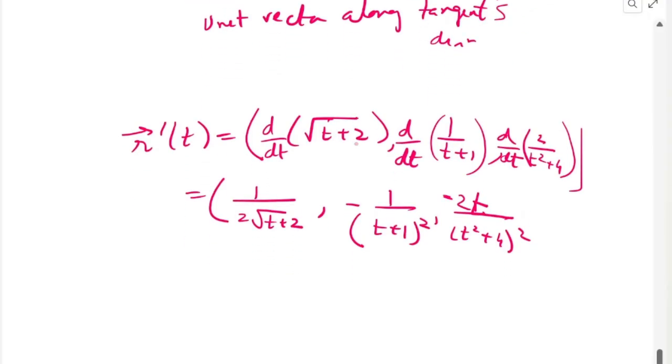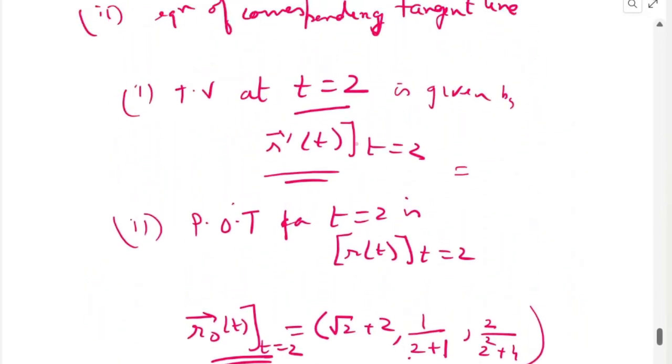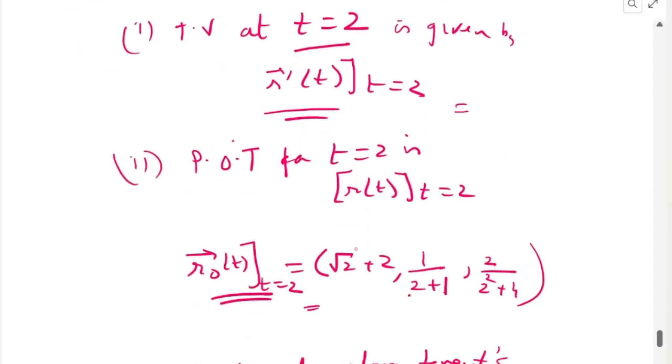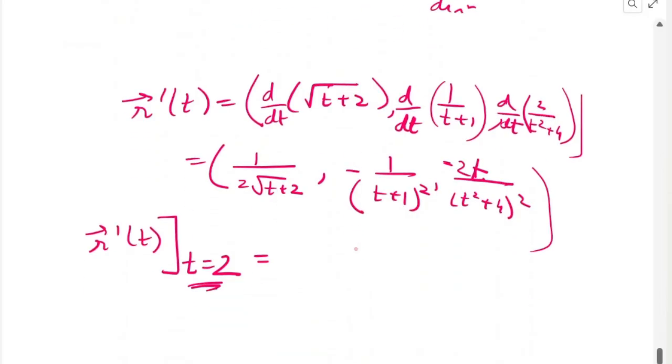Therefore for r dash t, the direction of the tangent, I need to put t equals 2, because this is where you are drawing the tangent as per the question. I have put in the question the tangent vector at t equals 2 that I need. So I need to plug in t equals 2. Whatever is given in the question, I have to put it there. So accordingly it is done.